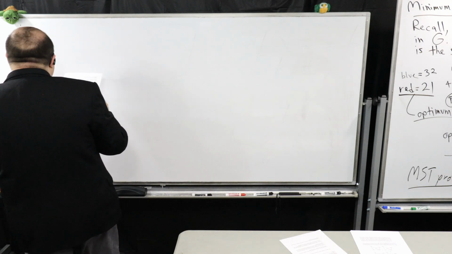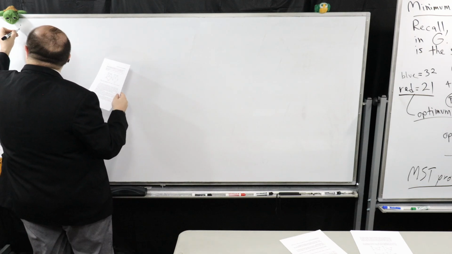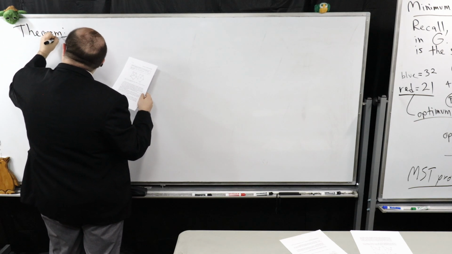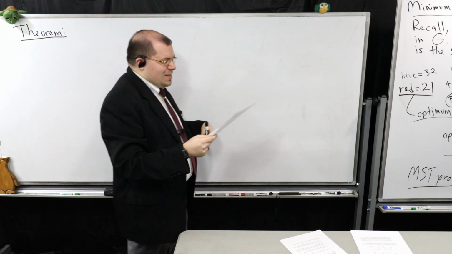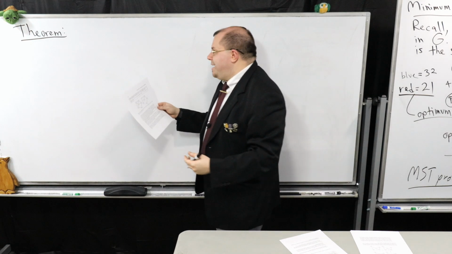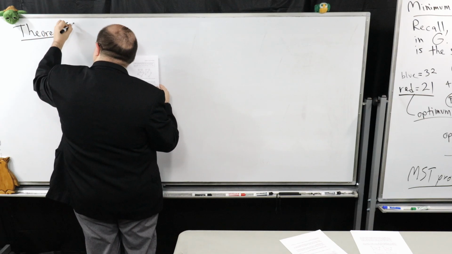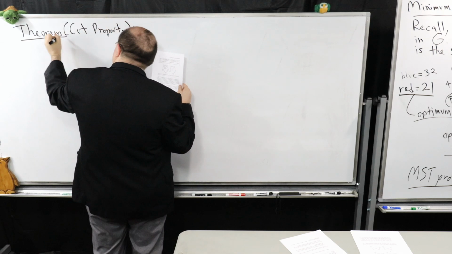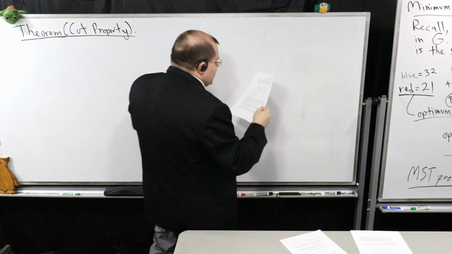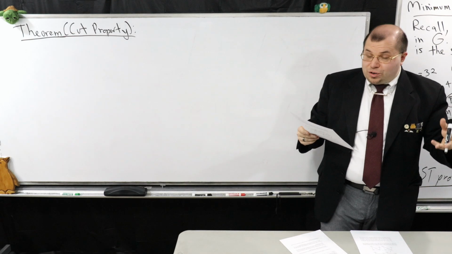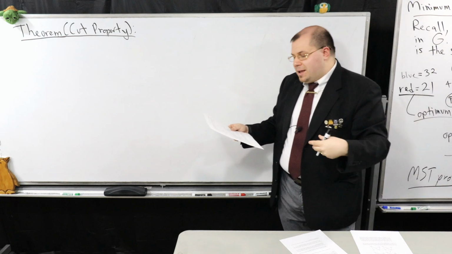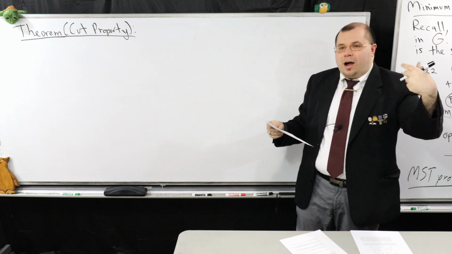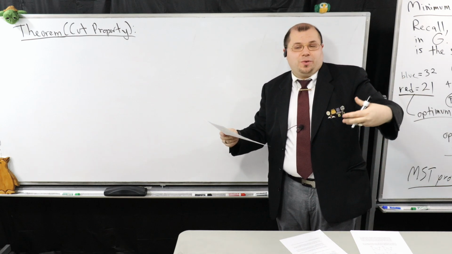I want to talk a little bit about what I just mentioned a moment ago: this whole idea that there are underlying things going on with the problems that we want to reveal. One such case is what we're going to refer to as the cut property. This plays a very important role in the algorithms that I'm going to show you today. It's going to be very wordy at first, and then I'll explain what it means. Based on the time we have, I probably won't have time to go through the formal writing of the proof in its entirety, but I want to give you a sketch of what the proof is like.